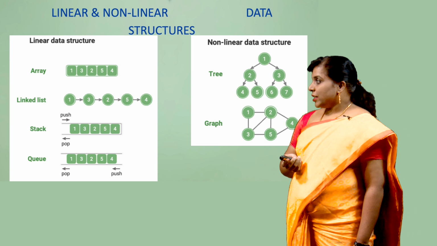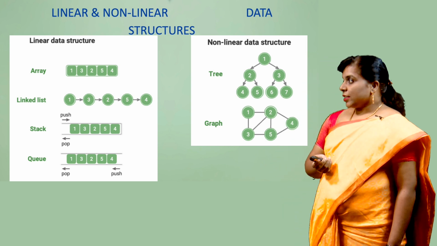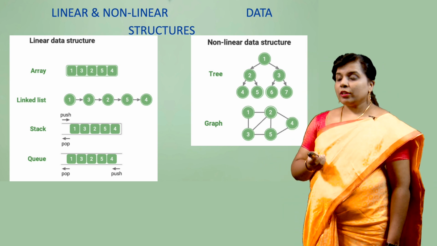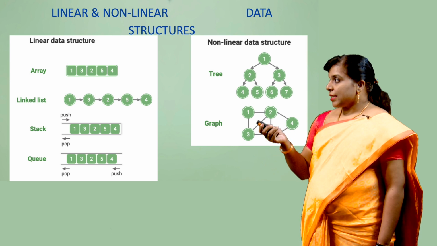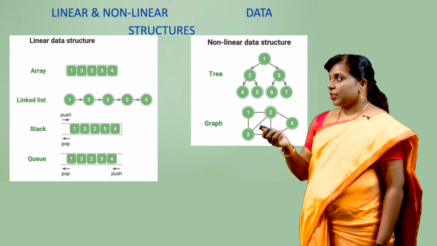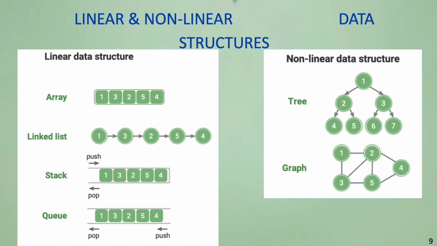So, as I was mentioning before, a linear data structure is a data structure in which the data elements are organized in a sequential manner, and the best examples for linear data structures include arrays, linked lists, stacks and queues. So, I have shown here an example for each of these. First an array, then a linked list where you could see the elements are all arranged in a sequential manner.